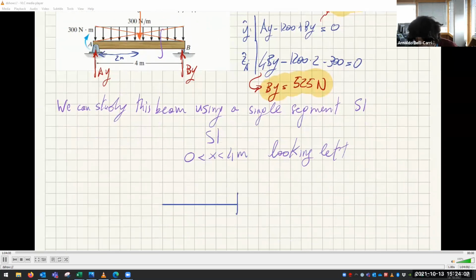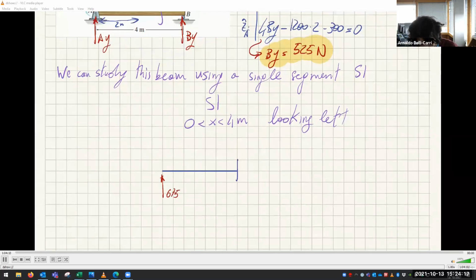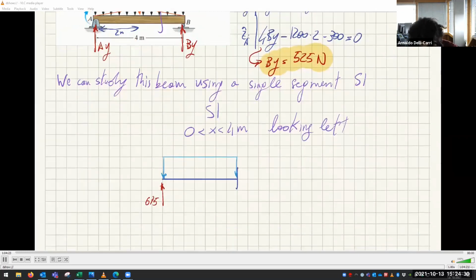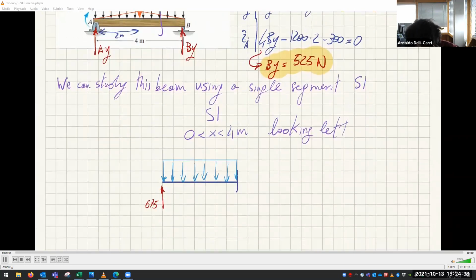That is a 675 Newton force here. And then I have to draw part of the distributed load. So it's not the entire distributed load, just the chunk that I'm cutting out, that I'm observing. And this one is 300 newtons per meter. All right.